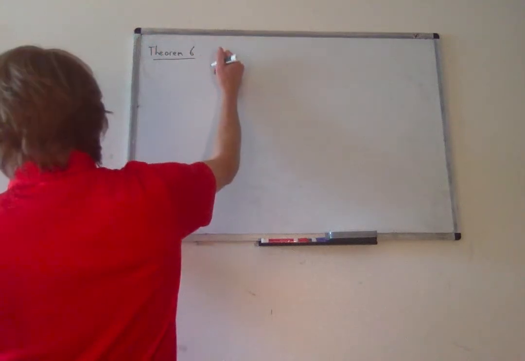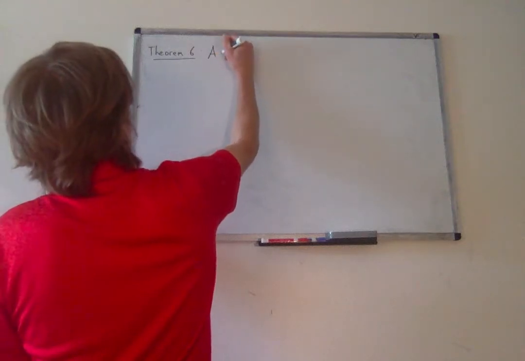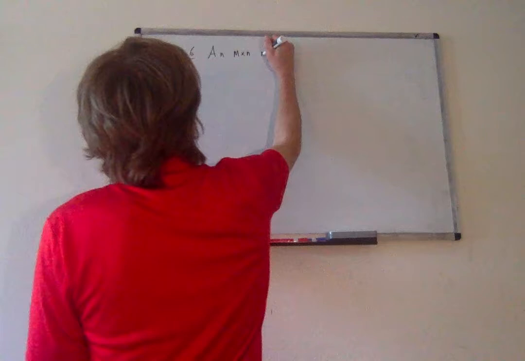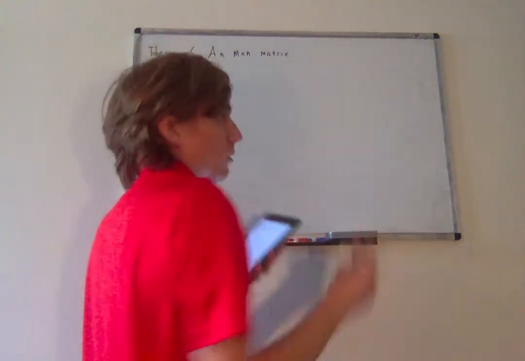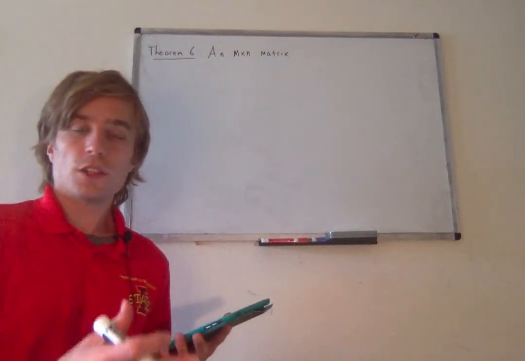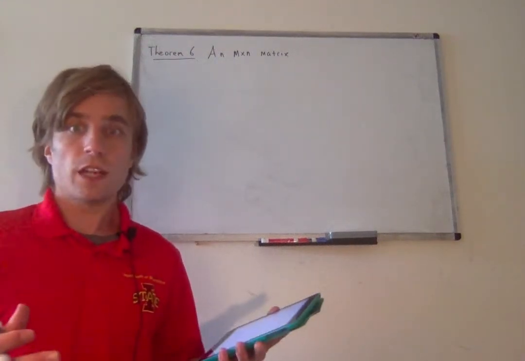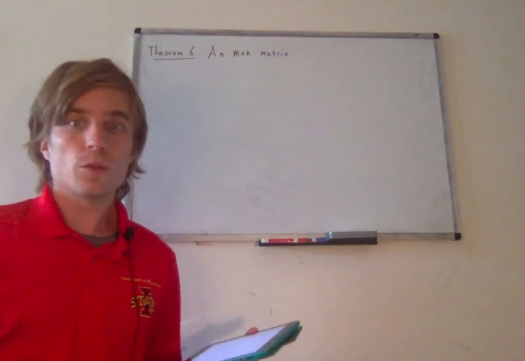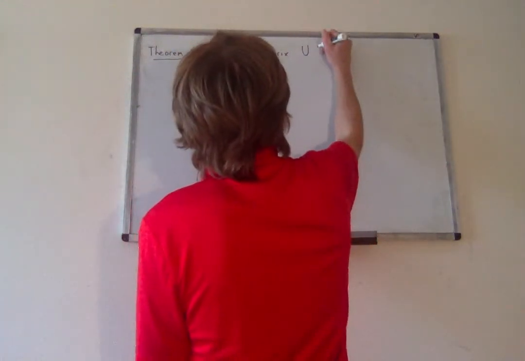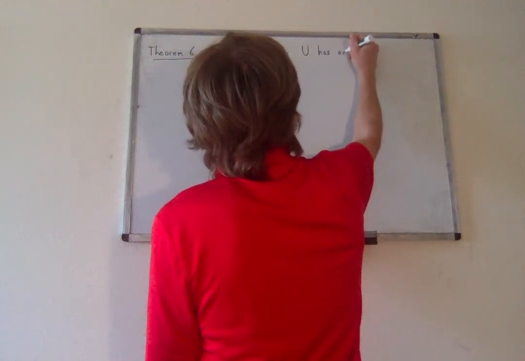We say that a matrix U has orthonormal columns if the set of columns of the matrix, right? If I look at all of the columns of the matrix as a set of vectors, that it forms an orthonormal set. And so we say that an m by n matrix U has orthonormal columns.